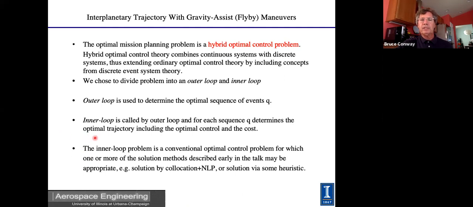The inner loop is then called by the outer loop, and it says, okay, you're going to use these planets in this sequence, assuming that, what is the optimal trajectory? Find me all those other things, the dates of departure, the date of each flyby, the altitude of each flyby, etc., in order to satisfy the mission constraints that you've given me. Then the inner loop returns the cost of that trajectory, if it's at all feasible, back to the outer loop.